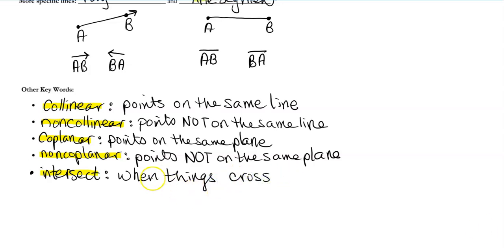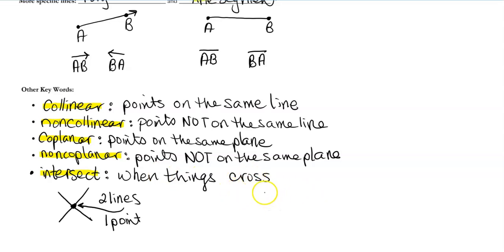Okay, and so when lines cross, when 2 lines cross, they make this right here. And what that is, they make 1 point. So when 2 lines cross, they make 1 point.